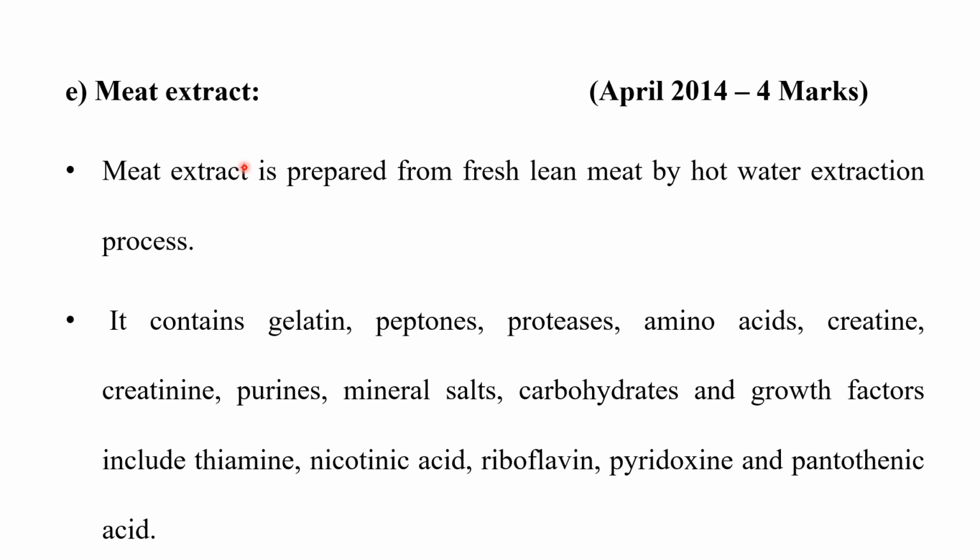If you make use of meat extract, it will serve as a source of gelatin, peptones, proteases, amino acids, creatine, creatinine, purines, mineral salts, carbohydrates, and growth factors like thiamine, nicotinic acid, riboflavin, pyridoxine, and pantothenic acid.